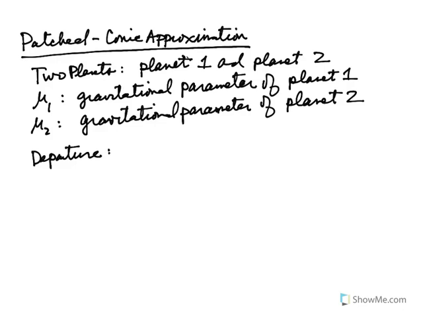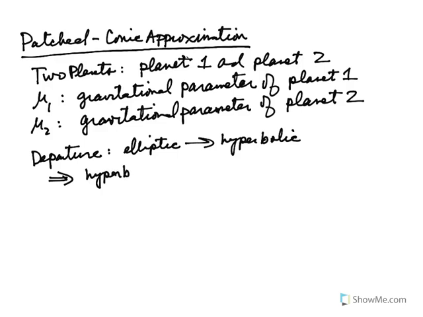since we're going from elliptic to hyperbolic, that means that the hyperbolic portion has to be patched, I'm going to put it this way, with the heliocentric elliptic portion. So there's the first patch.